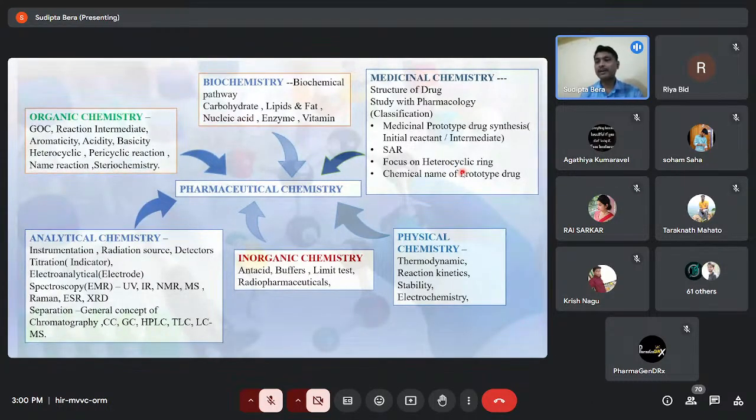The pyrimidine ring is present. Like that, questions are asked in medicinal chemistry about heterocyclics and the chemical names of prototype drugs.